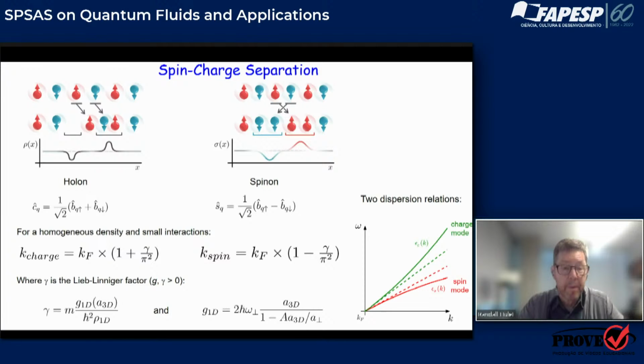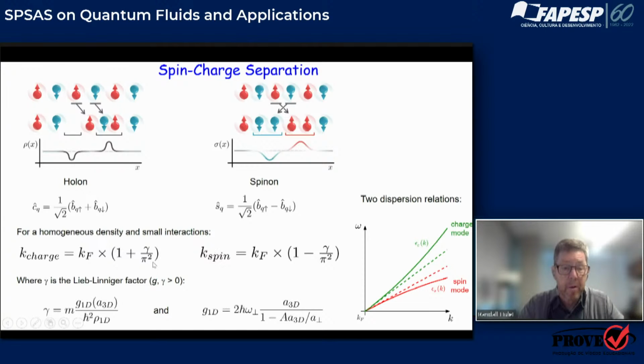The prediction is that the charge excitation, the charge density wave, will increase in speed with increasing repulsive interactions, whereas the spin excitation will decrease in speed. And so, symmetrically, according to perturbation theory.